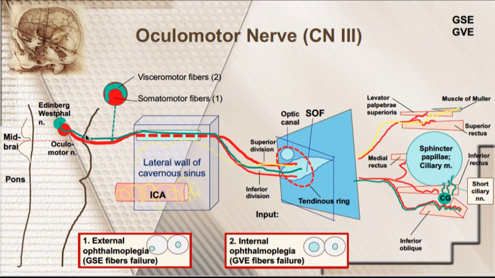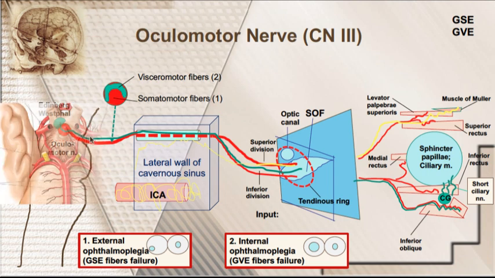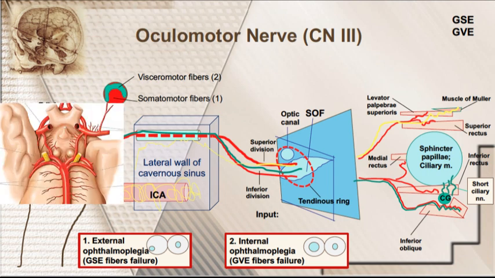The nerve leaves the midbrain, passing between the cerebral peduncles through the interpeduncular fossa. There it has a close relationship with the vessels of the circle of Willis, namely with the posterior communicating artery and posterior cerebral artery, with the superior cerebellar artery. Dilatation or dissection of any of these vessels may involve the oculomotor nerve.